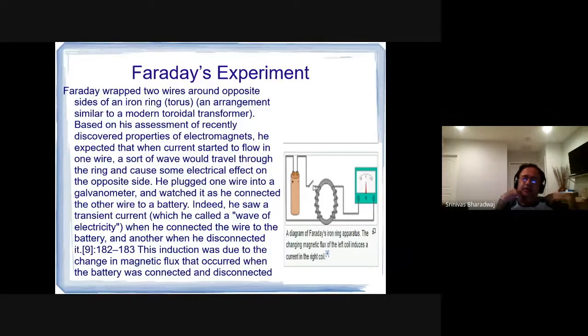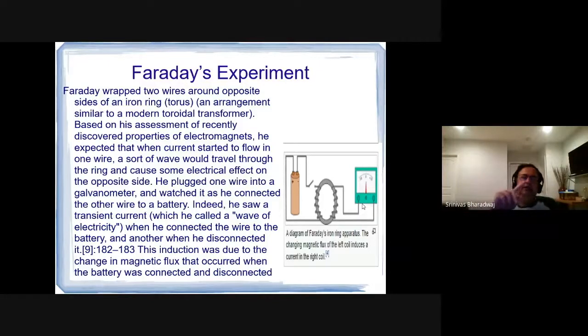Because there is a magnetic flux in the toroid, it induces a current in the second coil.